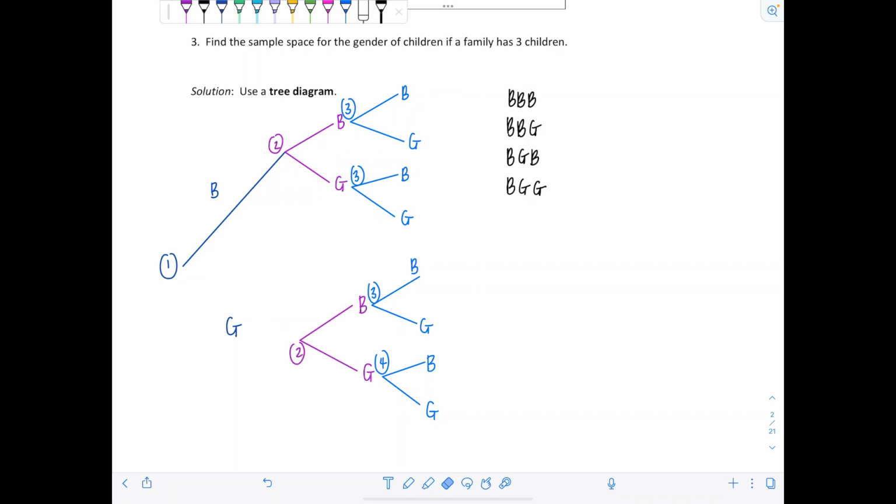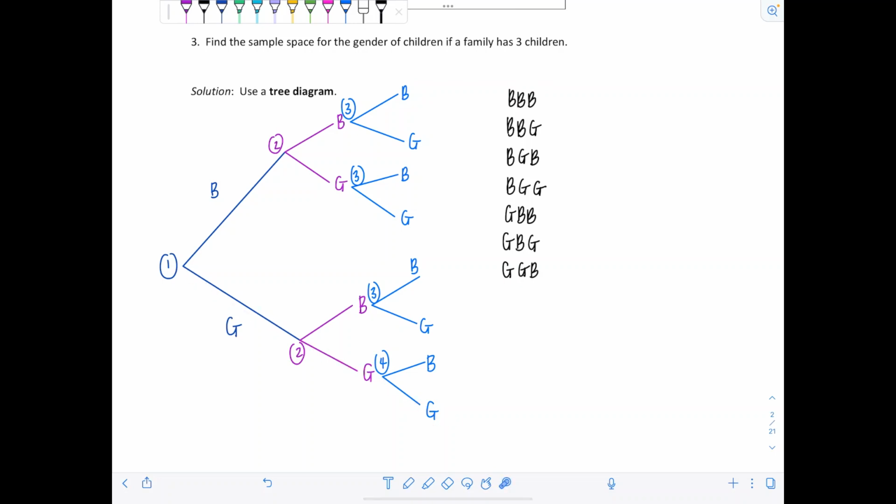So then now we go, oops, I didn't want to erase. Girl, boy, boy. And then girl, boy, girl. Okay. Girl, girl, boy. And I think there's one more. Yeah.